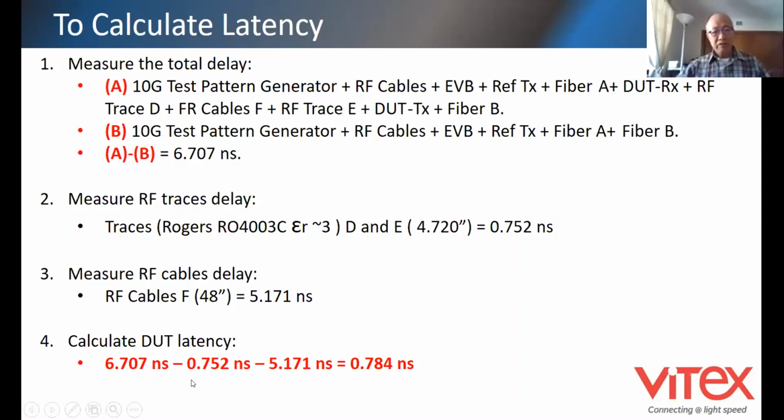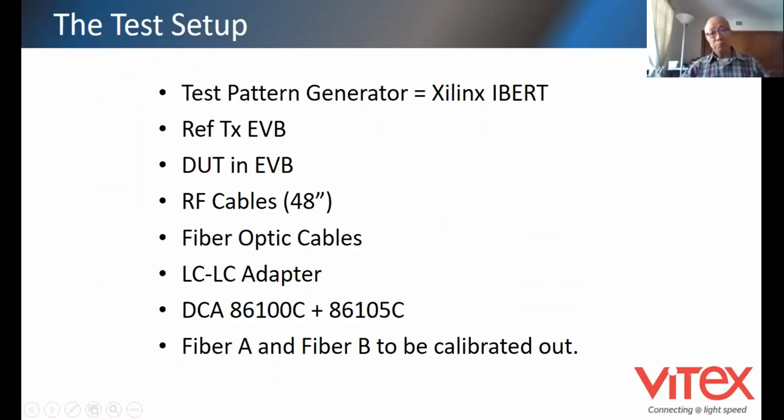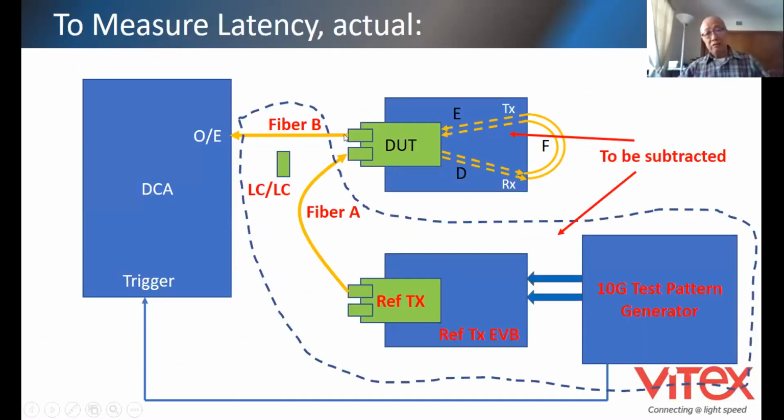You put everything here, you subtract out this 6.707 by those two variables, and it ends up like 0.784 nanoseconds. Here is your latency of the transmitter, from here to here. So very easy.